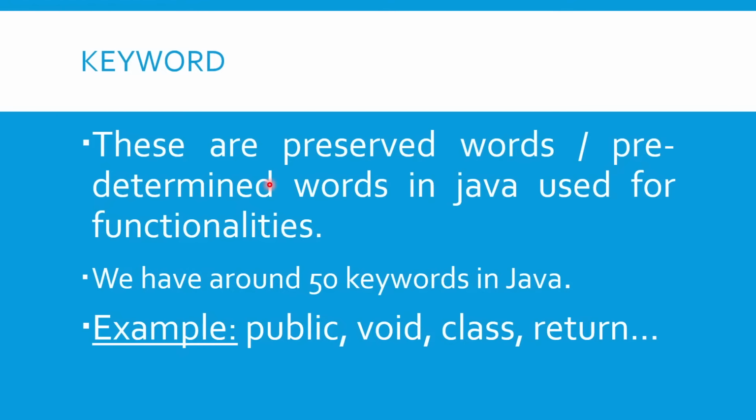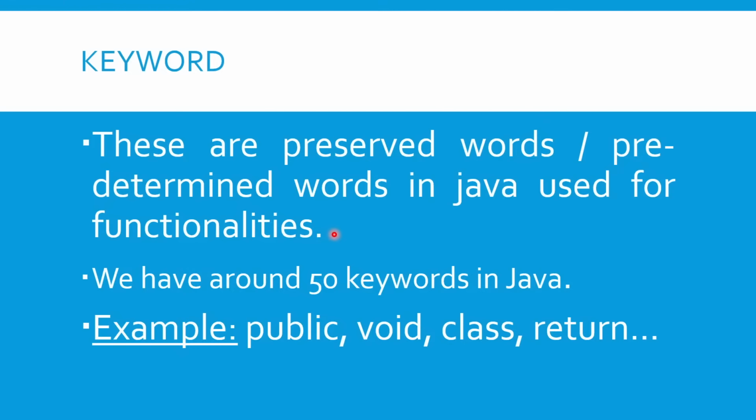Keywords are pre-reserved words. Reserved words are predetermined words in Java to provide some functionalities. In Java, we have around 50 to 60 keywords. Functionalities are nothing but specific tasks.